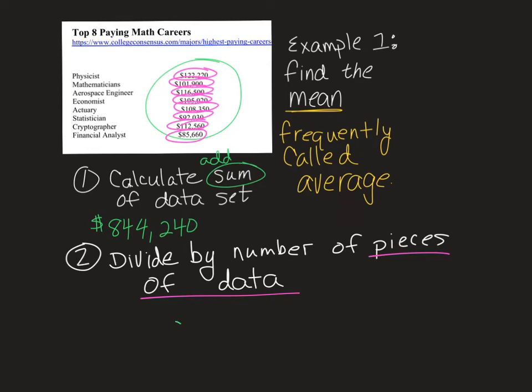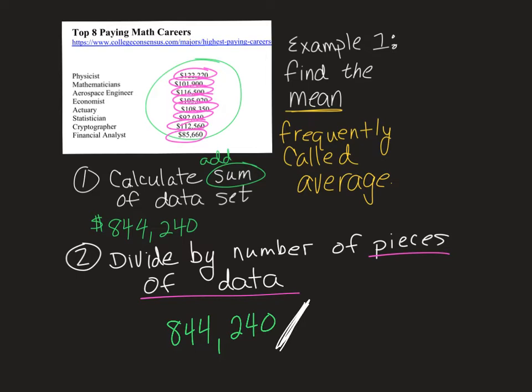So we're going to take that 844,240, and we're going to divide. In algebra, I know you're kind of used to, maybe from elementary school, using the little division sign that looks like this. In algebra, we want to use this front slash or a fraction bar to represent division.